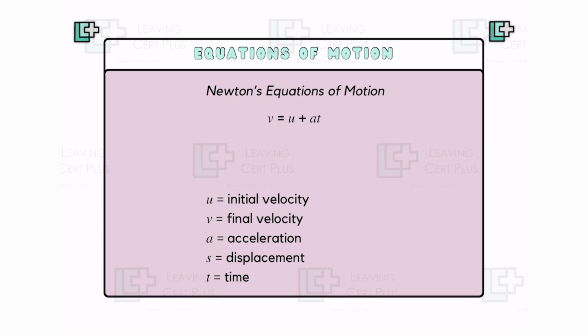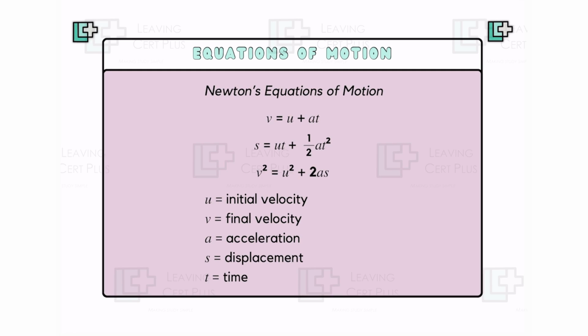The first equation says that final velocity v equals initial velocity plus acceleration multiplied by time. The second equation allows us to find the distance: s equals initial velocity multiplied by time plus half acceleration times t squared. And last but not least, the third connects the final velocity with initial velocity and distance by saying v squared equals u squared plus twice acceleration times the displacement.